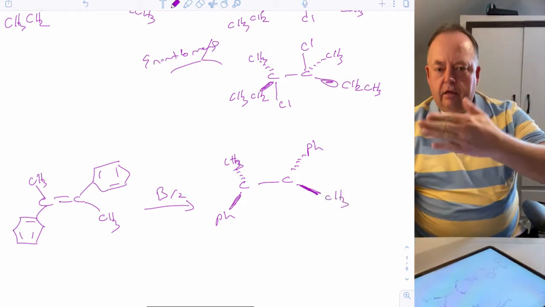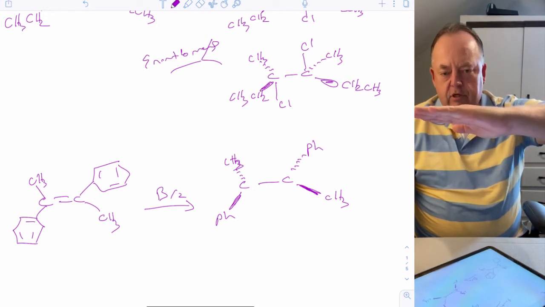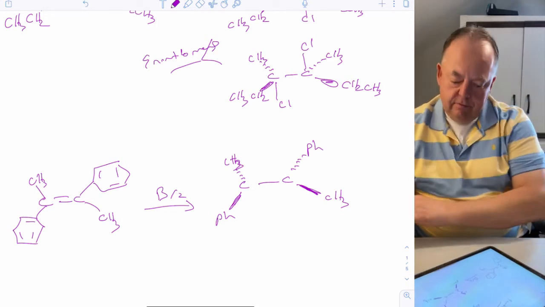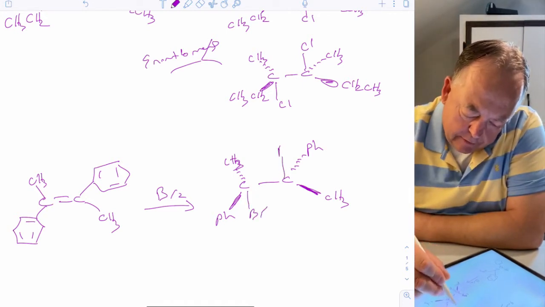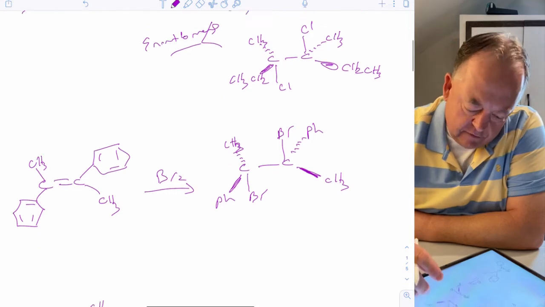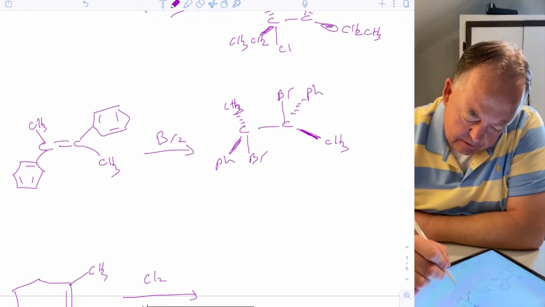And again, rather than drawing the molecule from that perspective, I'm drawing it from this perspective, so that two things come towards you and two things go away from you. So then we could have added the bromine. We add bromine and bromine across the double bond opposite of each other. So we could have drawn that.